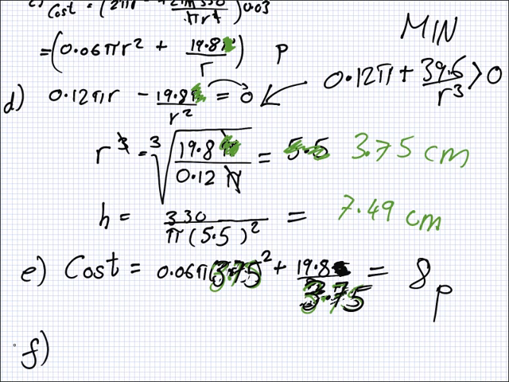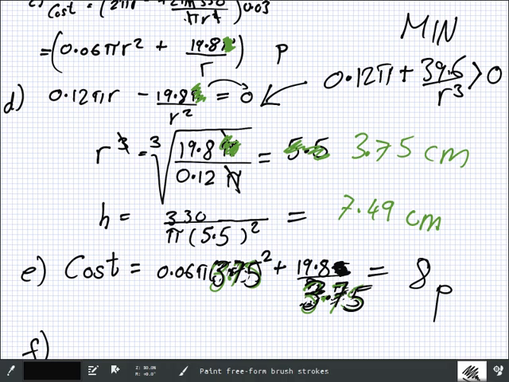So the 0.12 plus 39.6 over r cubed, that one is the second derivative. This is the second derivative, yes.